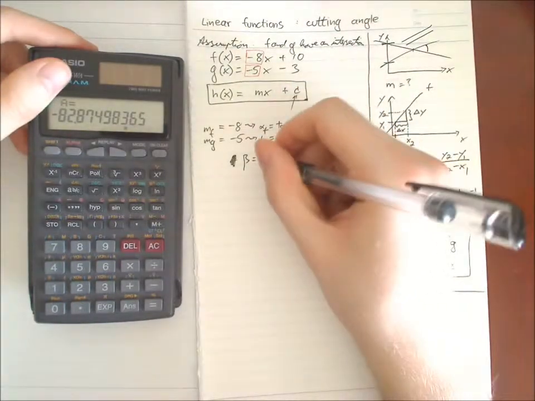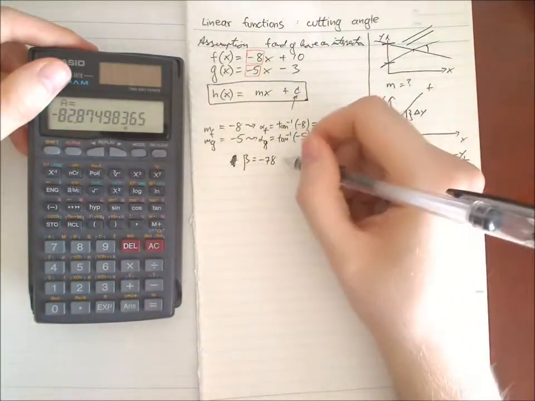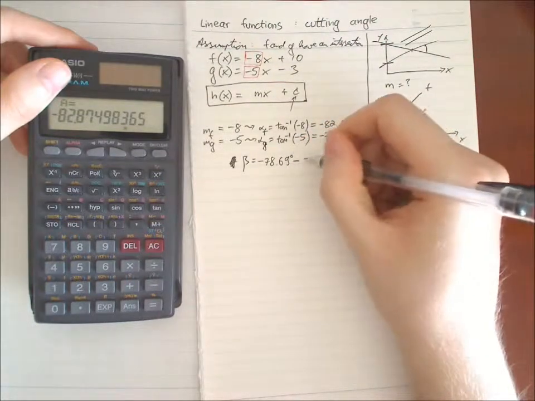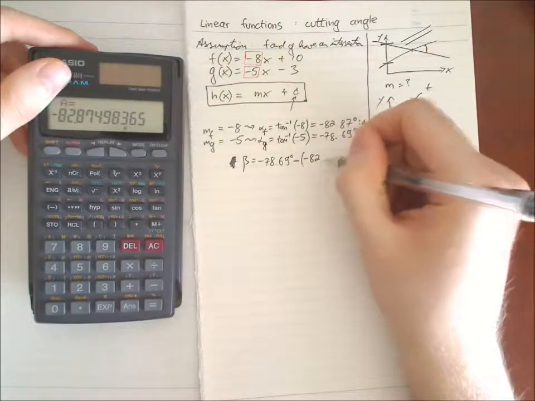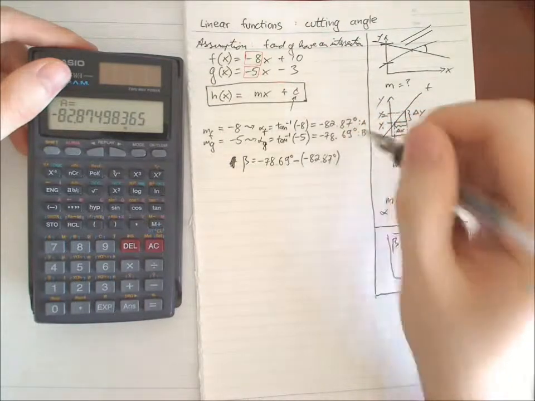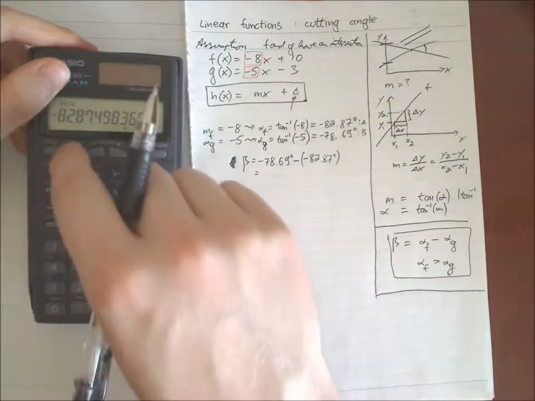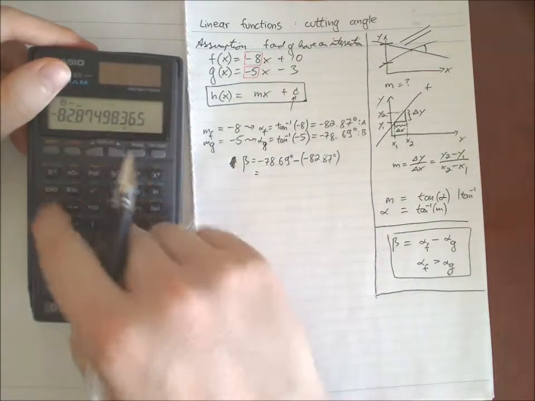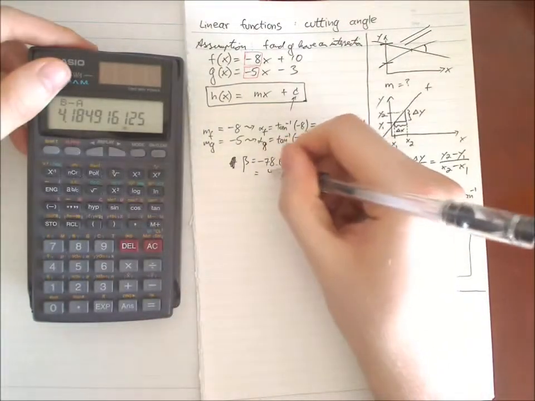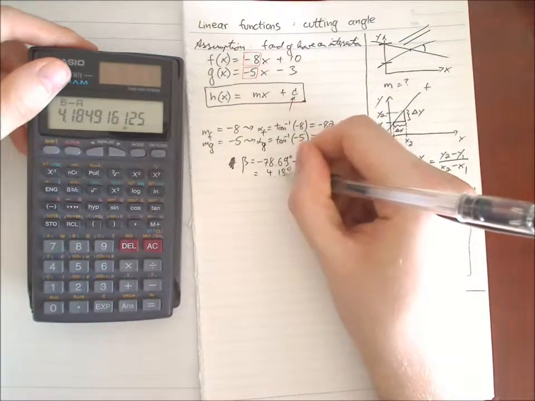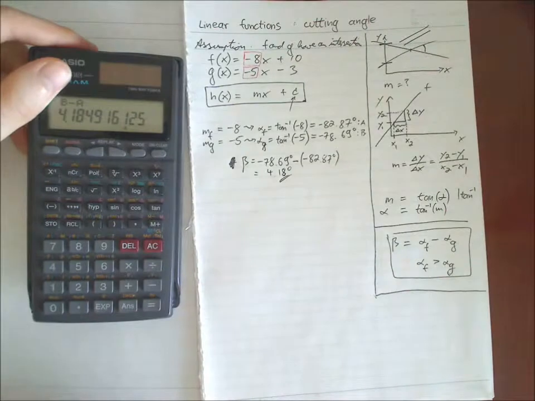So we say minus 78.69 degrees minus minus 82.87 degrees, so we say B minus A, and we end up with 4.18 degrees. So this is the cutting angle.